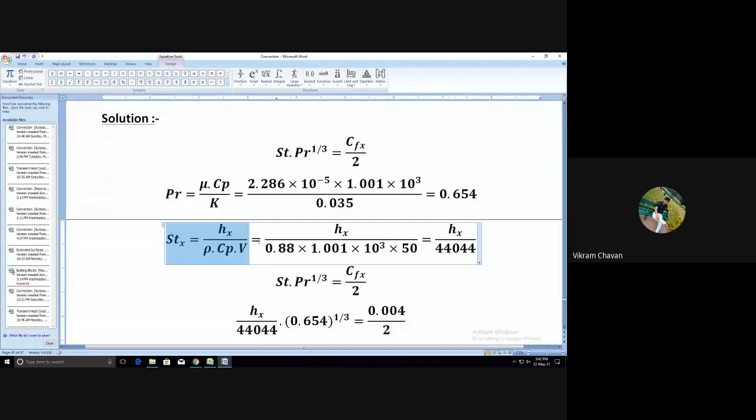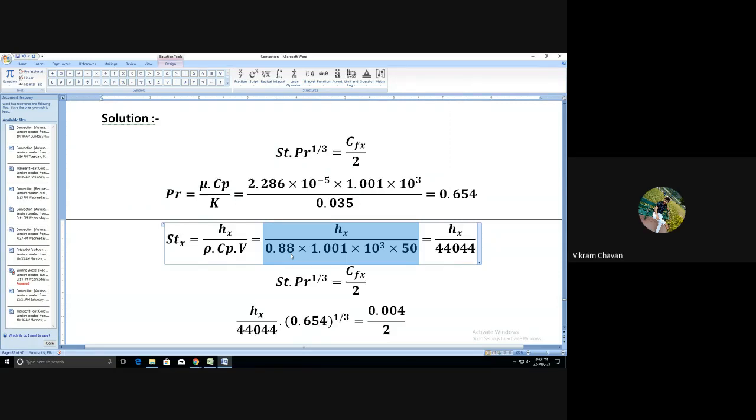For that reason we have to put the given values in this formula for rho, Cp and V. So Hx divided by 0.88 is the density. Then 1.001 is the Cp value, and we have to consider this Cp value in joules, so we have to multiply with 10 raised to 3.